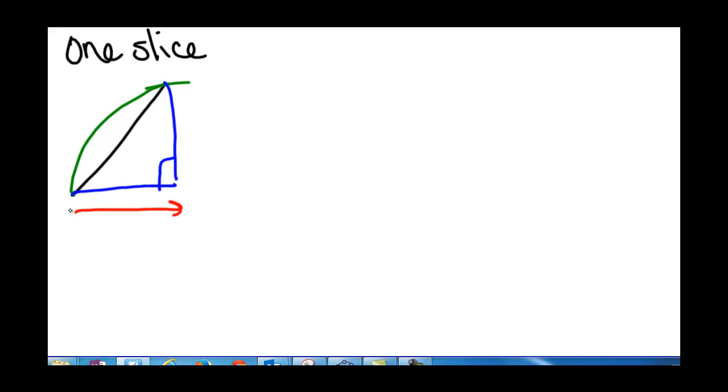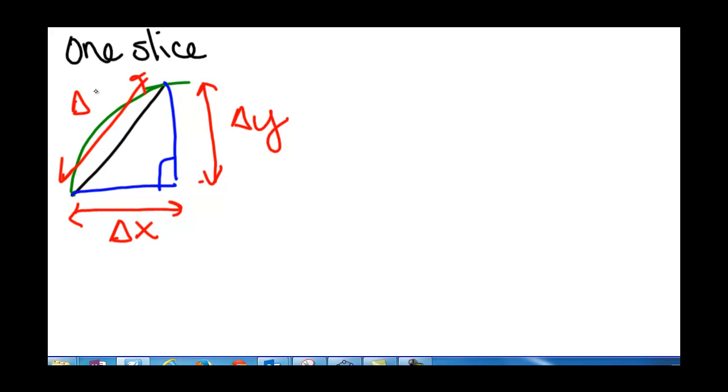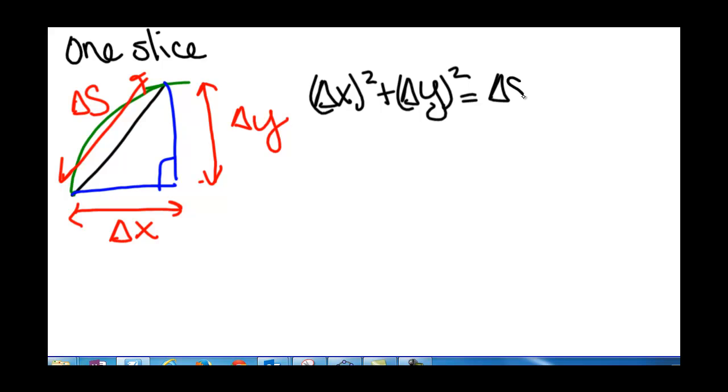This is our change in x, this is our change in y, and this is going to be our change in s. So by the Pythagorean theorem, the change in x squared plus the change in y squared equals the change in s squared.